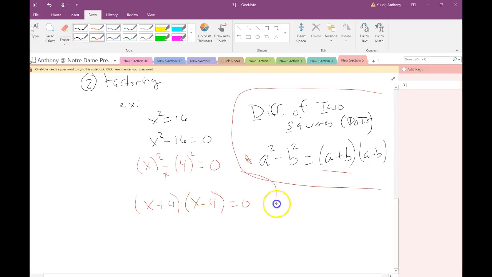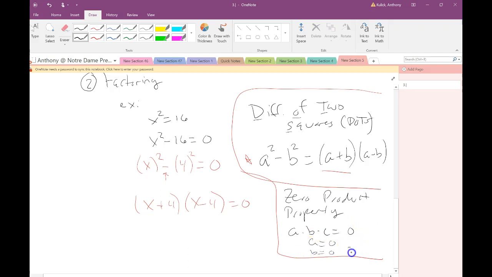Now, I can apply another special property called the zero product property. What this says is if I have some things that are multiplied together that equal 0, then at least one of those things has to be equal to 0. So if I look here, I have two things that are multiplying to equal 0.